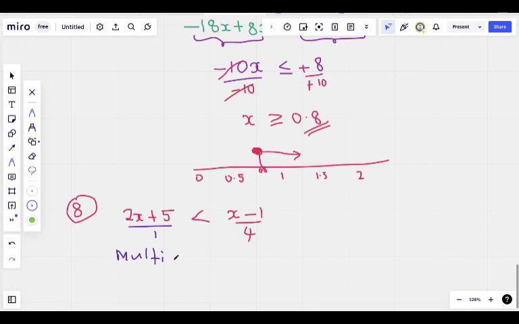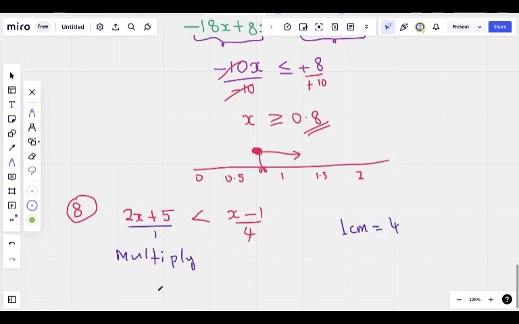Okay. Yeah. So we multiply both sides by the LCM. What's the LCM? Because this is just a whole number, every whole number you can say over 1. So 1 and 4, the LCM is 4. So we're going to multiply both sides with 4.